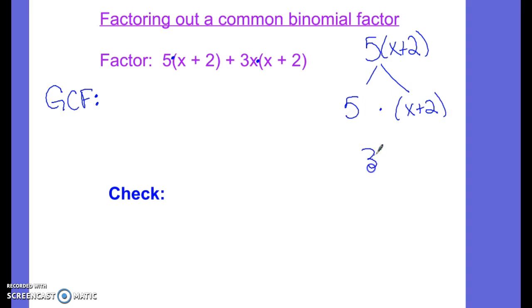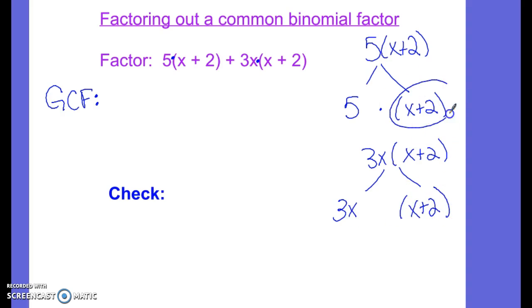My second term, 3x times x plus 2, I'd have 3x times x plus 2. Notice x plus 2 is a common factor of both.